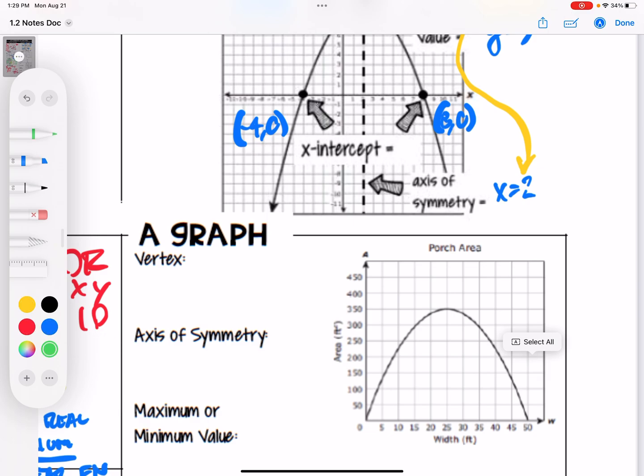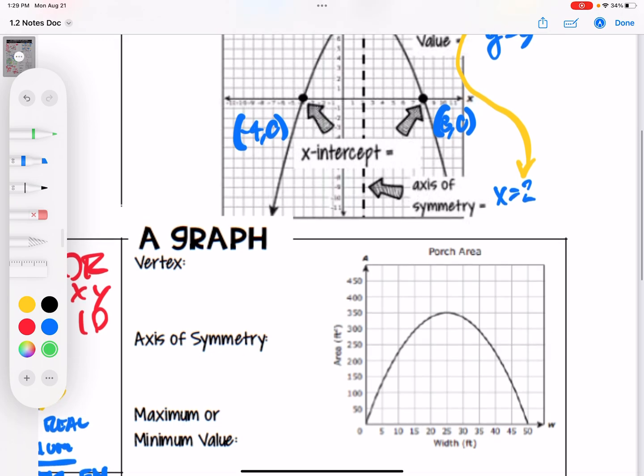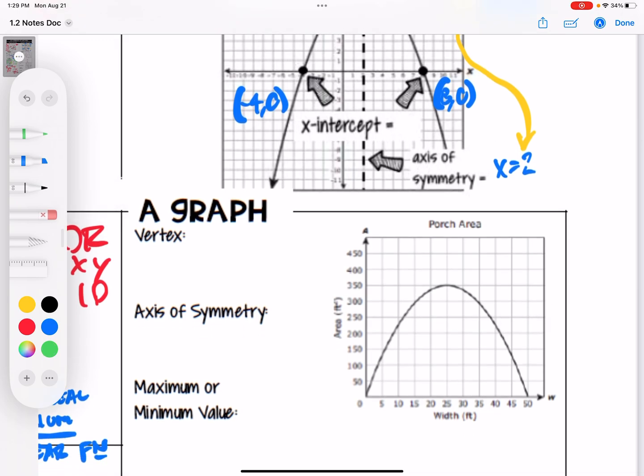So here we go. If we look at this graph, and we're going to assume, for the sake of our analysis here today, that this graph goes on and on forever in this direction and in this direction. All right? So, first of all, what is our vertex? Our vertex is at 25, 350.